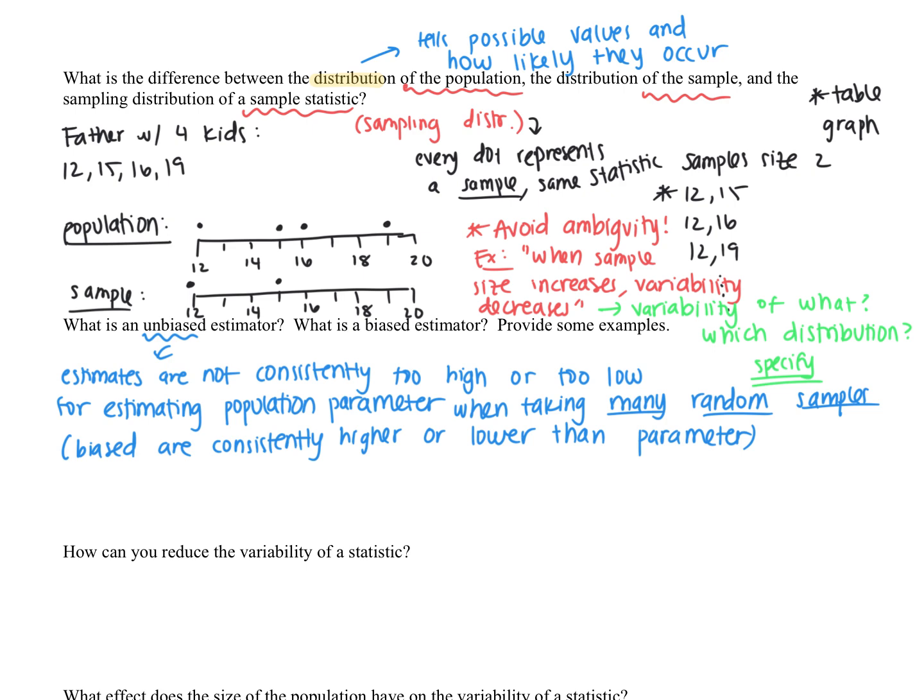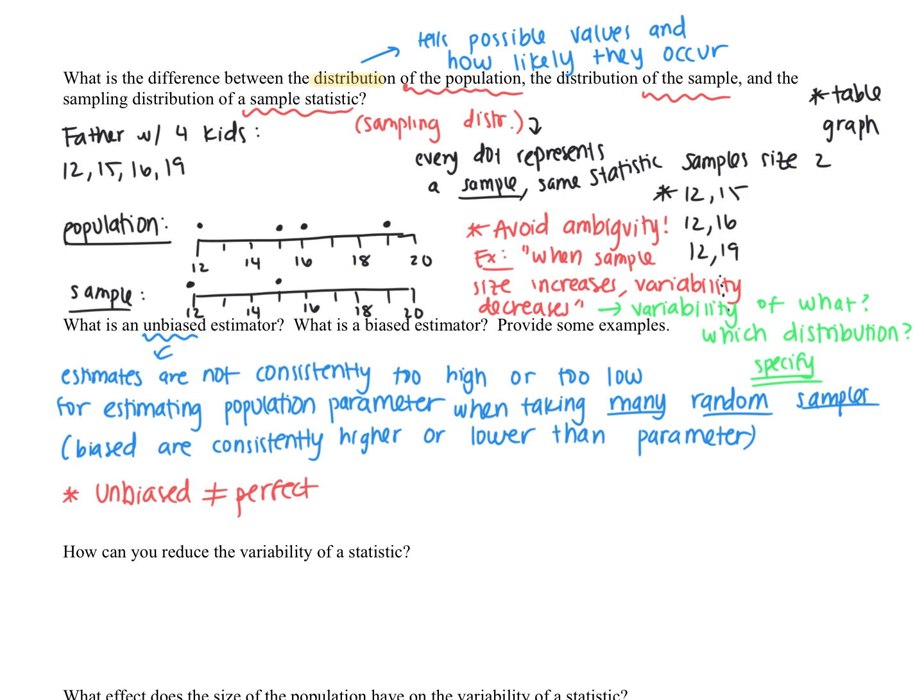Two things very important for us to know. First one is unbiased does not mean that the statistic is perfect. It doesn't even mean really that it's a single good estimate. It means it's a good estimate in the long run if we were to take many samples. It doesn't mean a single sample is good, and it doesn't mean that it's perfect.